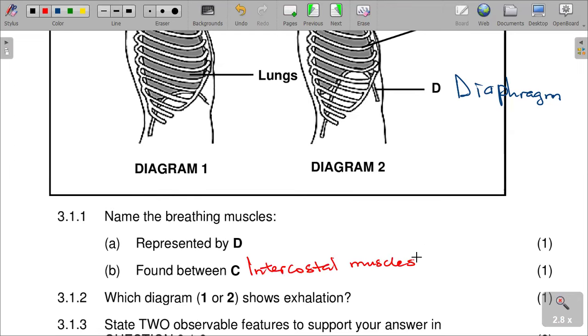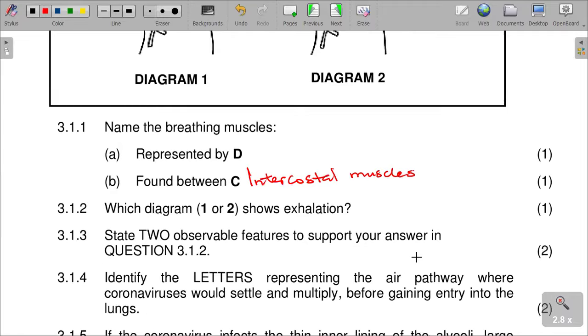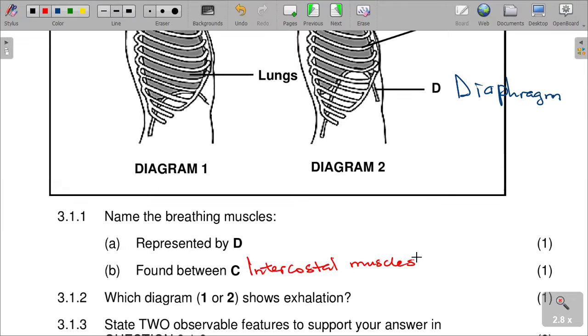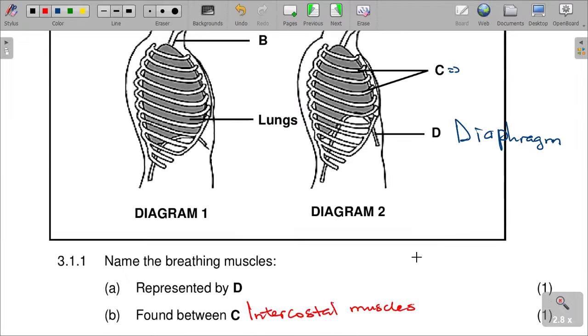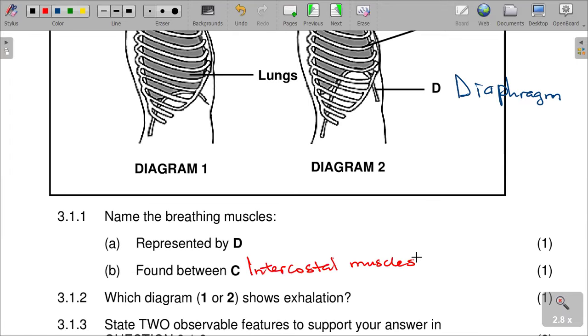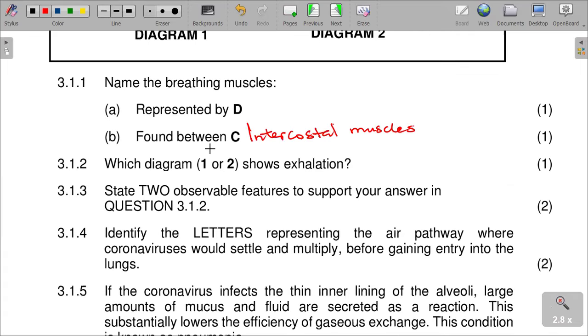And then which diagram, 1 or 2, shows exhalation? You must give a reason for that. Which diagram represents or shows exhalation? Exhalation is represented by diagram 2.